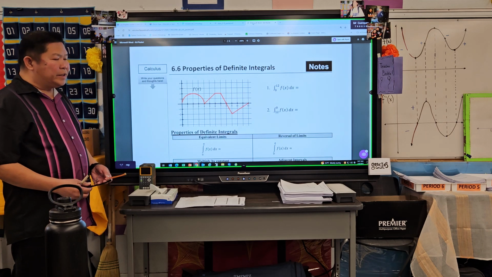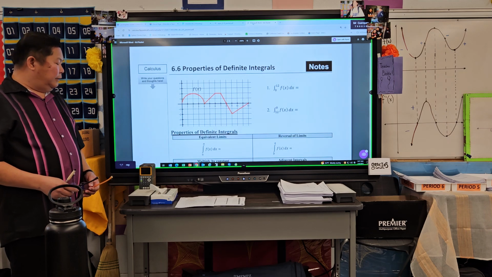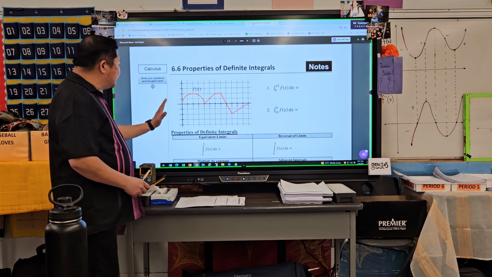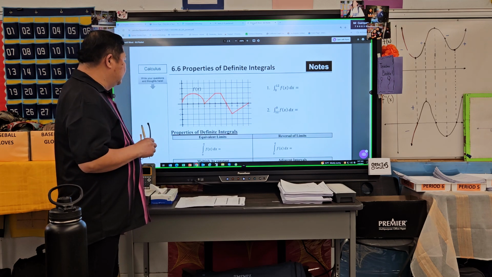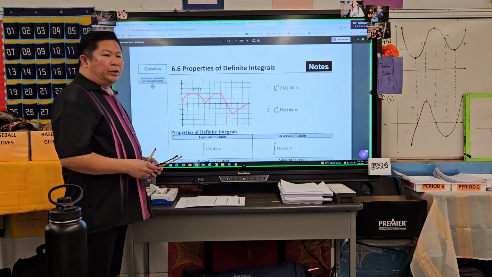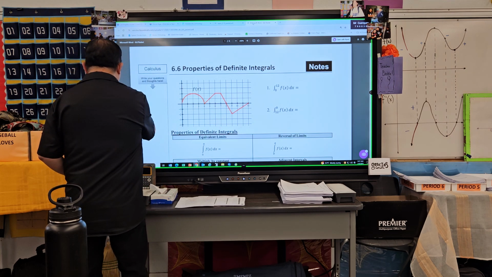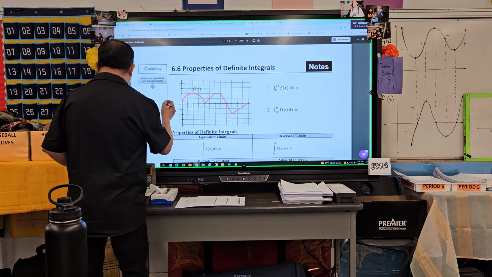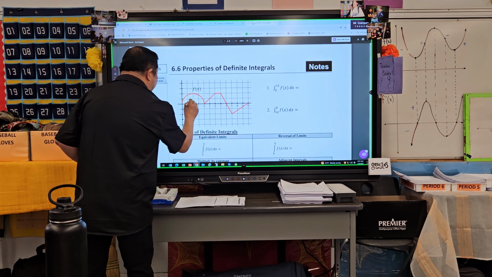Since this is just half of a circle, what do you think is the area of this one? What is the radius? 2. So it's gonna be 2 pi. That's the area. So the area of this is 2 pi.